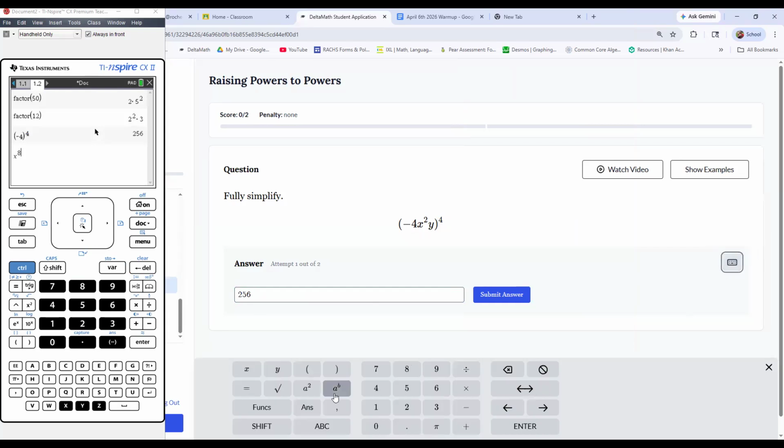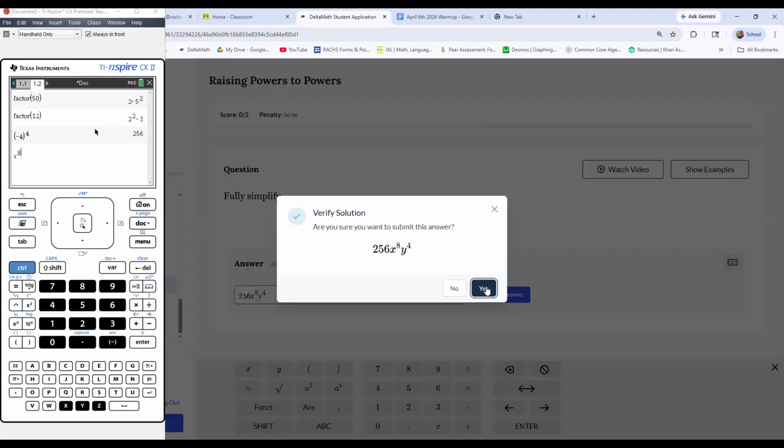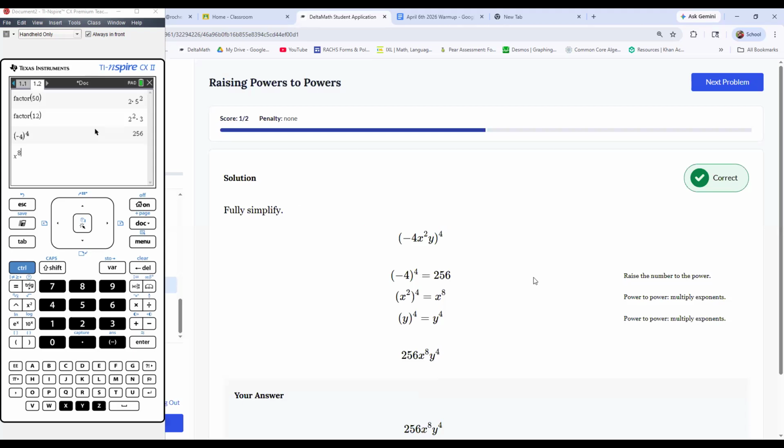I was using the calculator. I needed this: 256 x to the 8th, and then y to the 4th. Right? And then we press enter. And it says, nice job. So even though we haven't gone through the exponent properties, we do know how the exponents work.